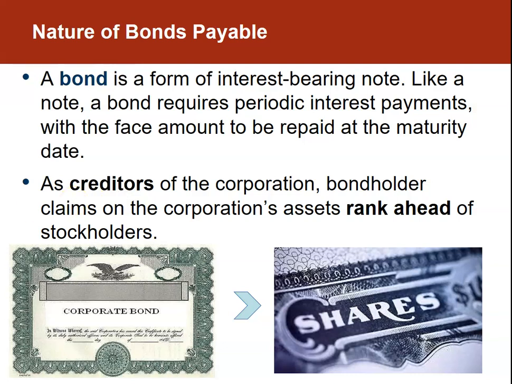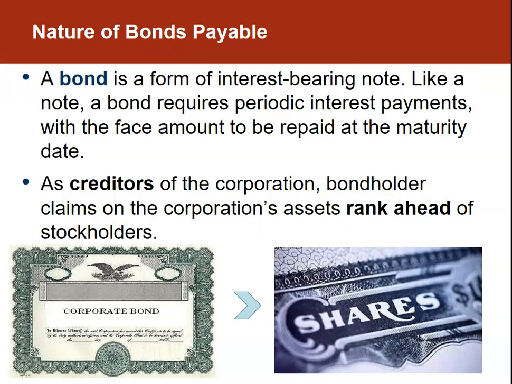Now, you don't own any part of the corporation, but this is important information to consider. It says, as creditors of the corporation, bondholder claims on the corporation's assets rank ahead of stockholders. Okay, stockholders are owners, bondholders are creditors.